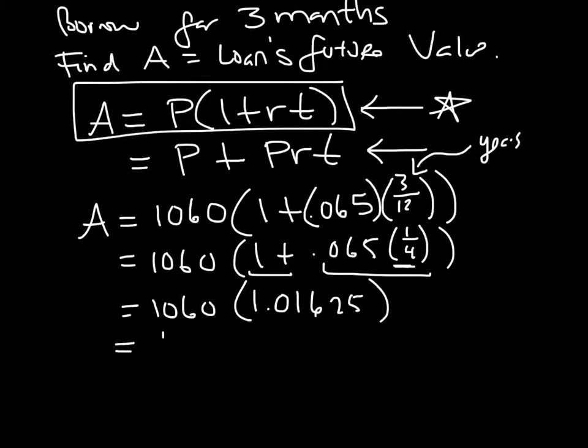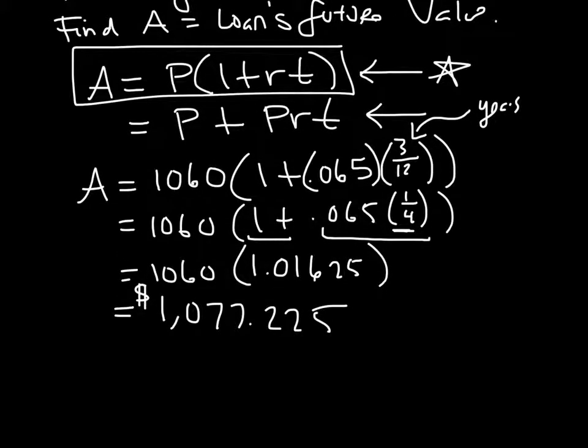So I end up getting this value, 1077.225. I borrowed 1060, but I'm paying with interest, so how much am I going to owe? Well, $1,077, and you want to round to the nearest cent, so it's $1,077.23.